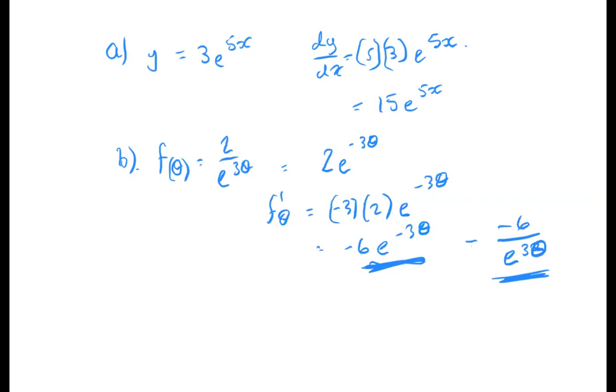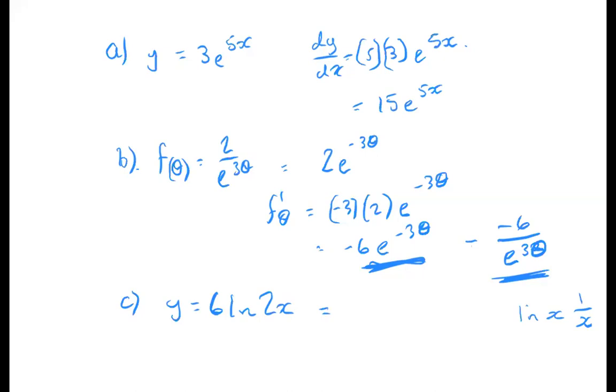And then lastly, C, we've got y is equal to 6 ln 2x, and in the table ln of ax is 1 over x.